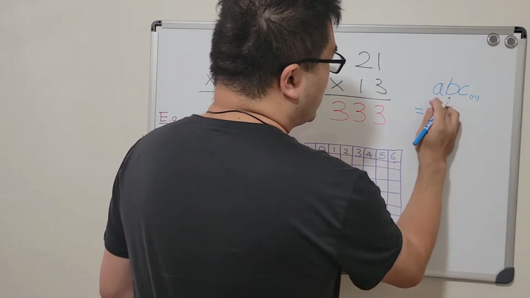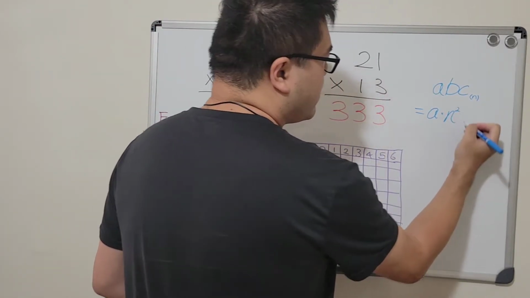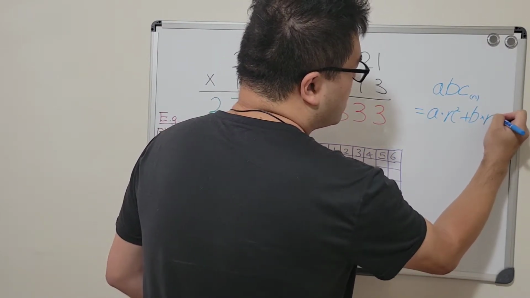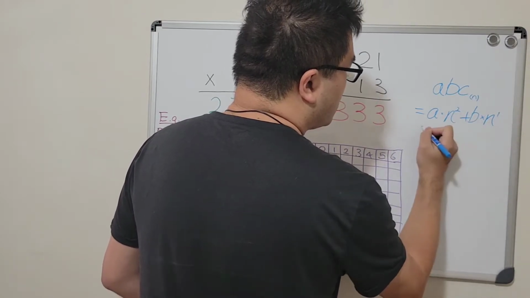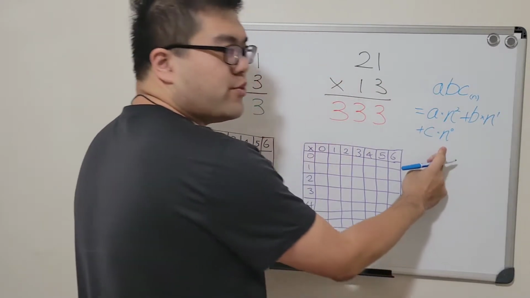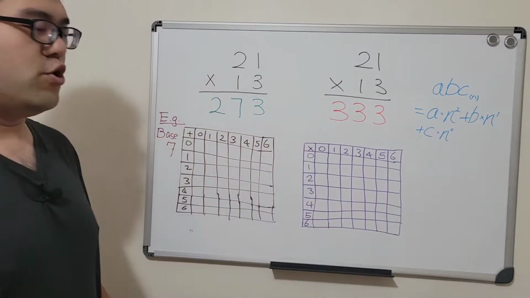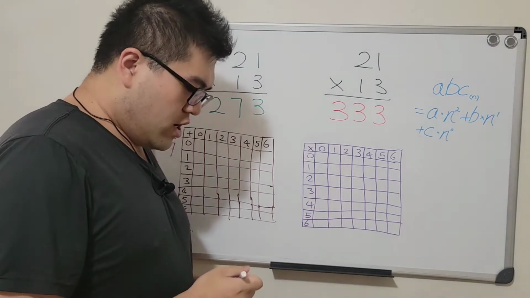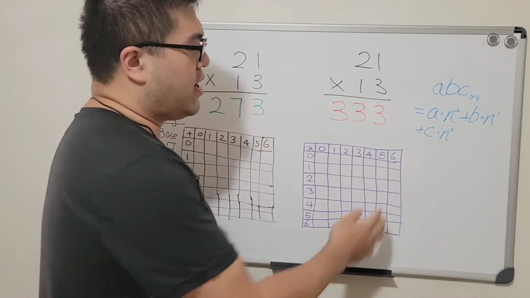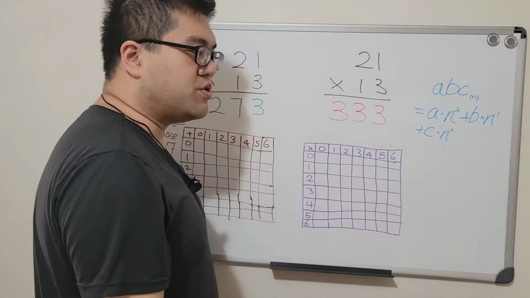It means we have A copies of n squared plus B copies of n to the first power plus C copies of n to the 0th power, which is 1, to represent the number that we're looking for. In this video, we will suppose that n is a natural number that's greater than or equal to 2.